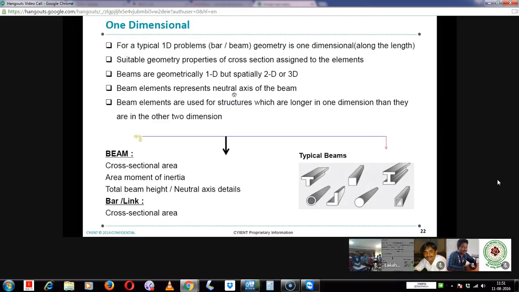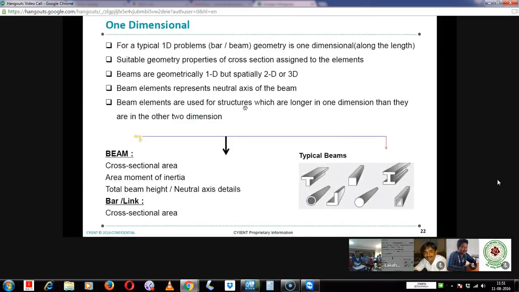Generally, beam elements represent the neutral axis of the beam. That means they are aligned along the neutral axis. Suppose you take a simple square cross section, the neutral axis will be at the center of the cross section, and these beam elements are aligned accordingly to the neutral axis.